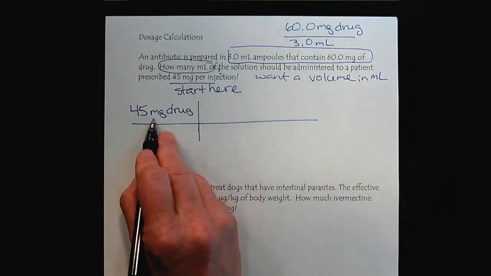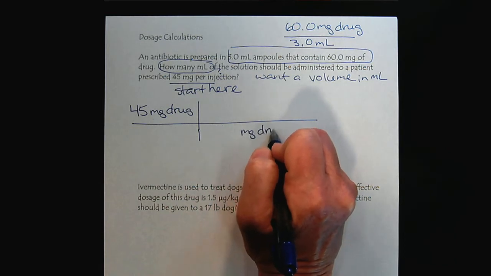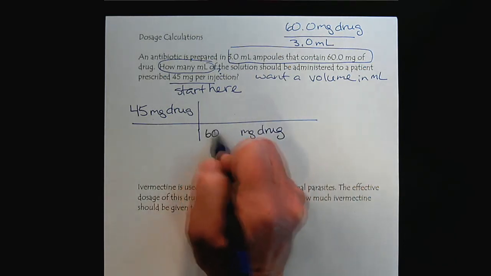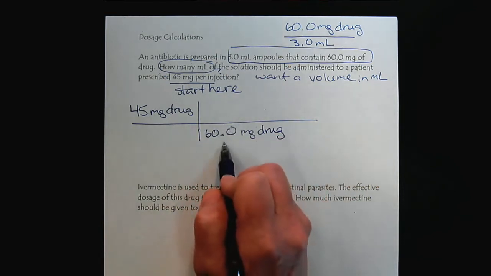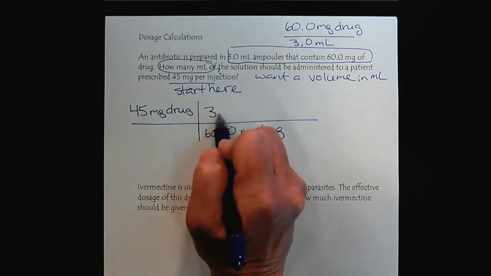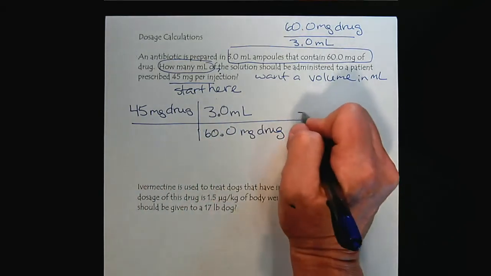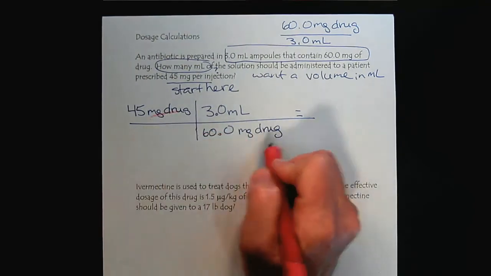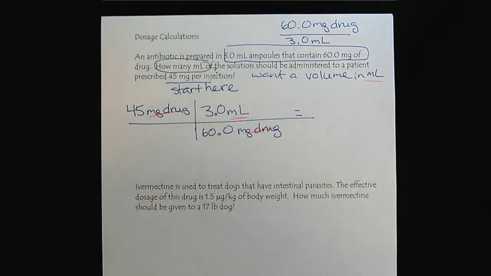So if milligrams are on the top, we want to make sure we have milligrams of drug on the bottom. And we know that that's going to be 60.0. And those 60 milligrams are contained in the 3 ml ampule. So now we've canceled out the milligrams of drug and we've been left with a volume. So our setup is complete.